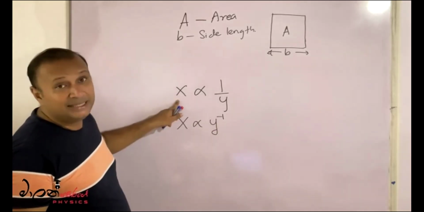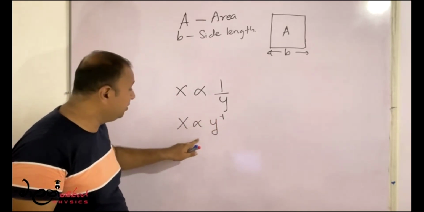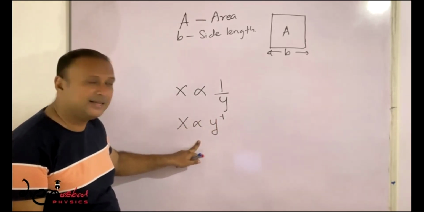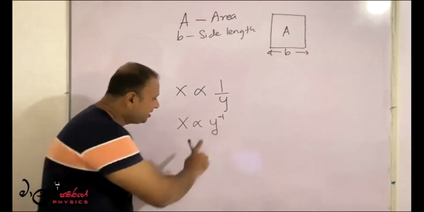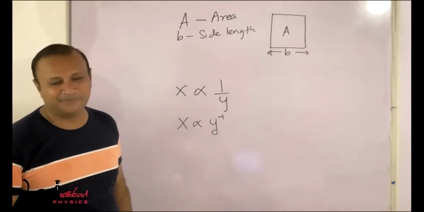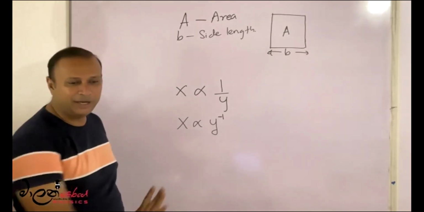Therefore, indirect proportionality can also be represented as direct proportionality, but the power should be minus 1. That's all. Did you get my point?